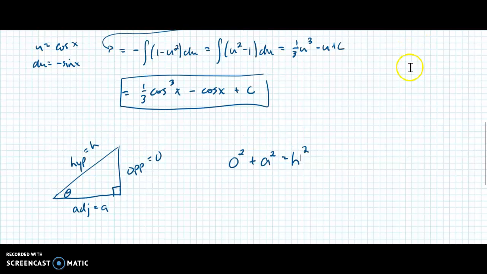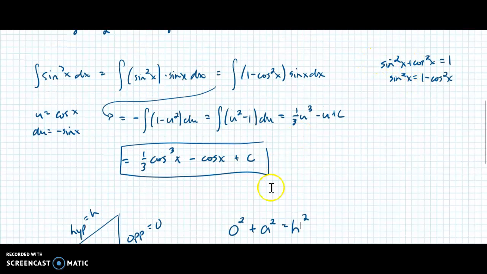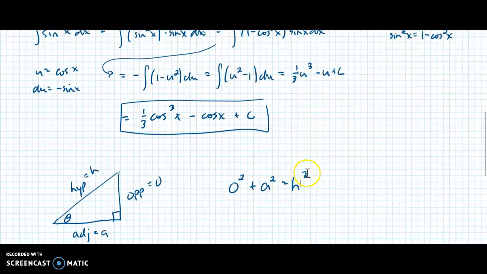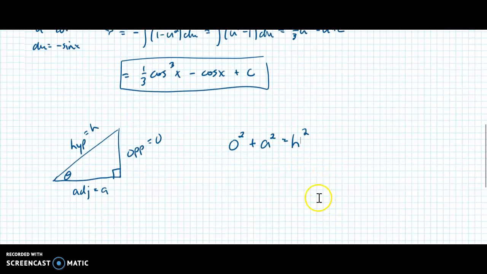Now, you should be familiar with the fact that I can divide everything here by H squared, and that gives me the Pythagorean identity that's listed here. I can divide by things other than H squared and get different identities. For example, say I wanted something that had tangents in it, right?